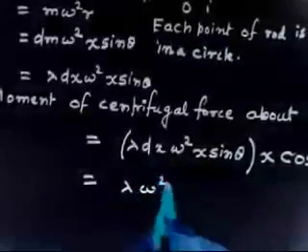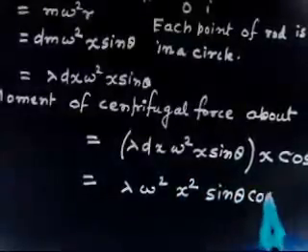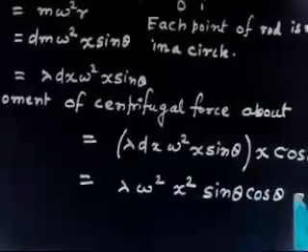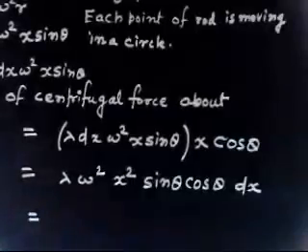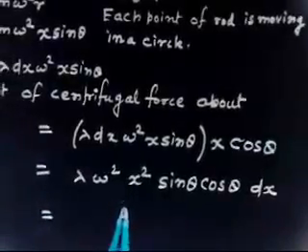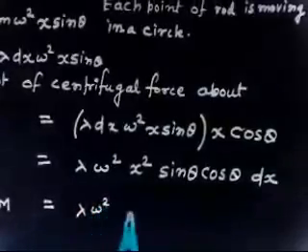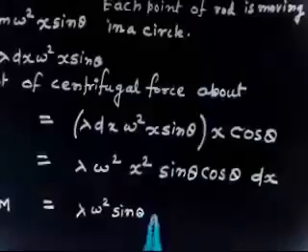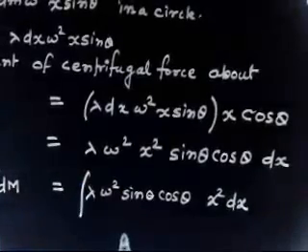So we will have lambda omega square x square sin theta cos theta dx. This is a small moment, let us say dM. So the small moment is lambda omega square sin theta cos theta x square dx.